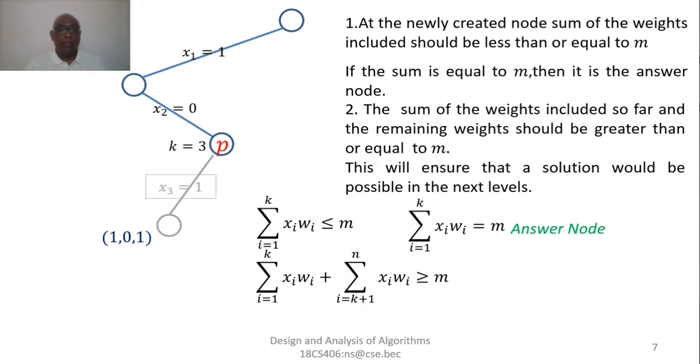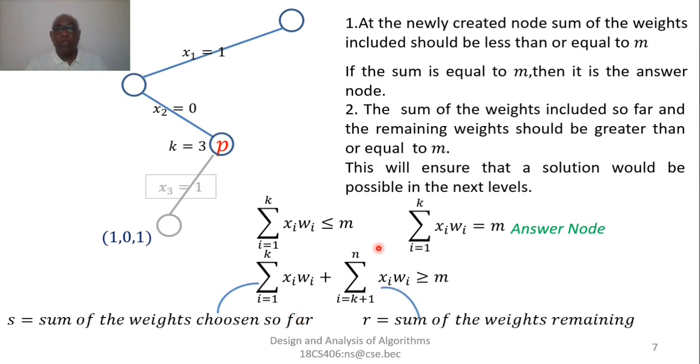Let's try to find some simplification. This first part of the sum, sigma i equal to 1 to k xi wi, which represents the sum of the weights included as defined by this partial solution, let's call it S. S is the sum of the weights chosen so far.